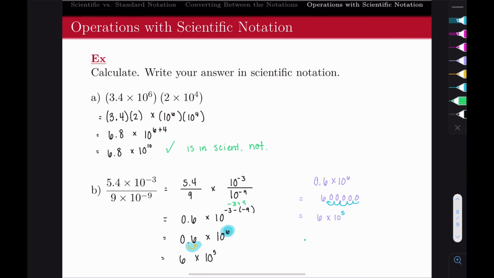If instead we had 0.6 times 10 to the negative 6, I'd have to move the decimal to the right, but this exponent's telling me to move to the left. So really, I'd have to move my decimal 1 extra spot. It would be 6 times 10 to the negative 7th to account for the fact that I'd then have to do another position movement. Okay.